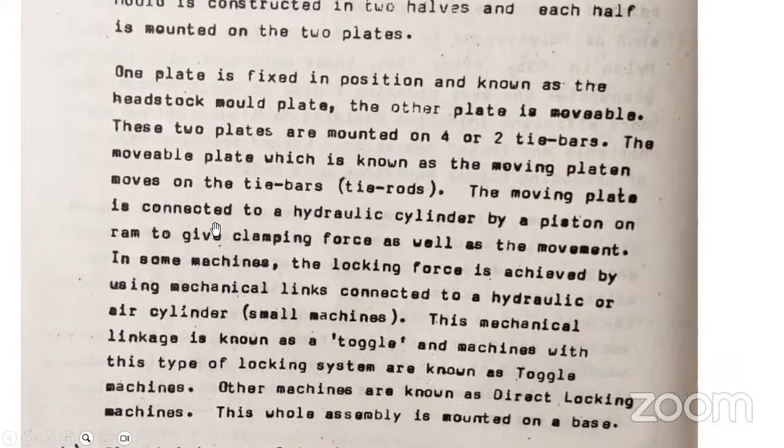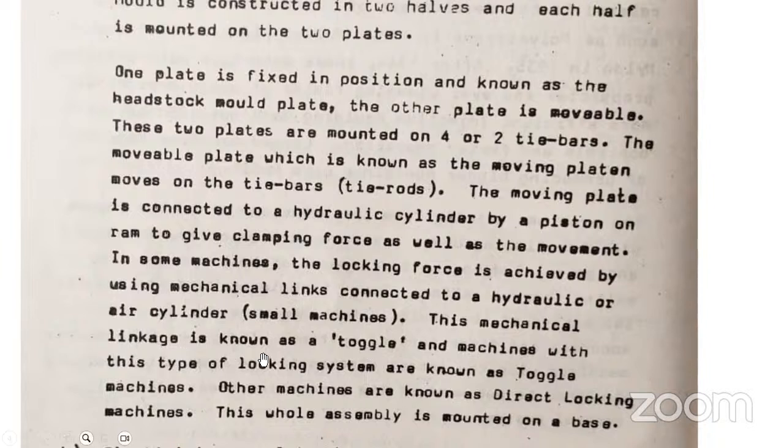The moving plate is connected to the hydraulic cylinder by a platen and ram to give the clamping force. In some machines, the locking force is achieved by a mechanical link connected to the hydraulic unit. That is a toggle system, right? Single toggle, double toggle.